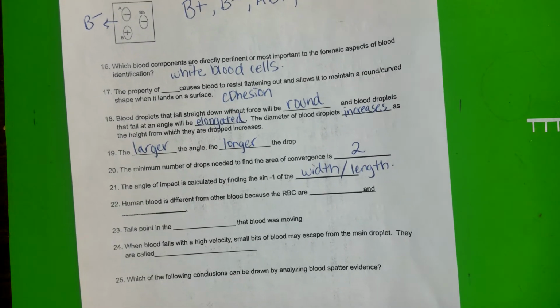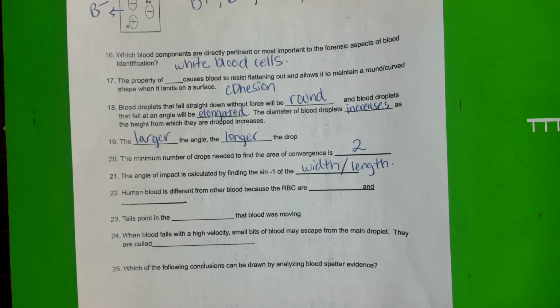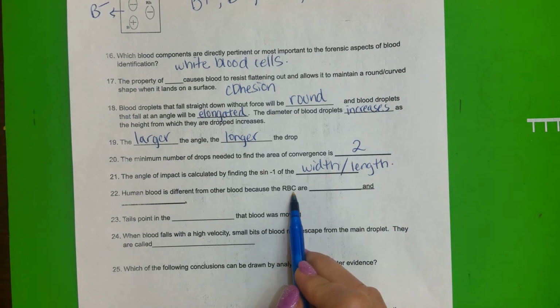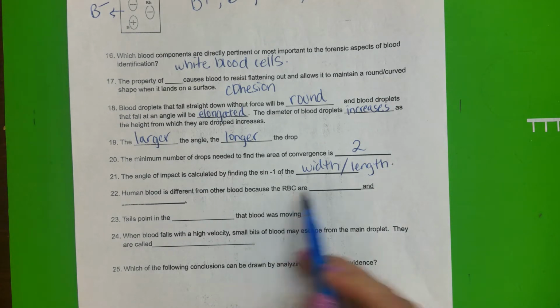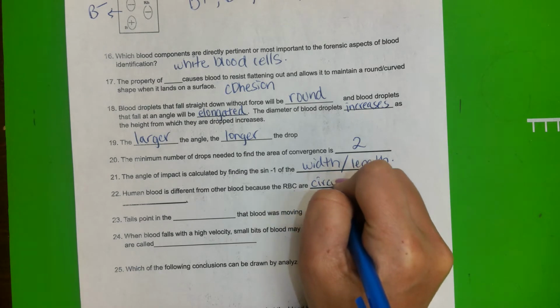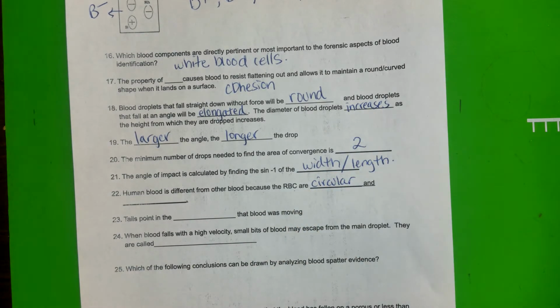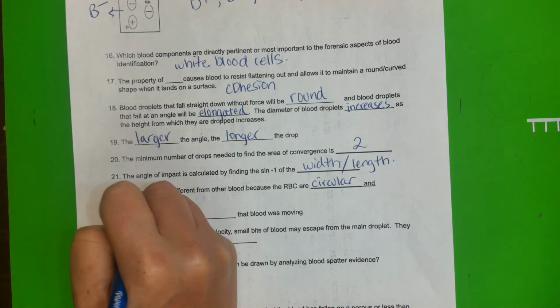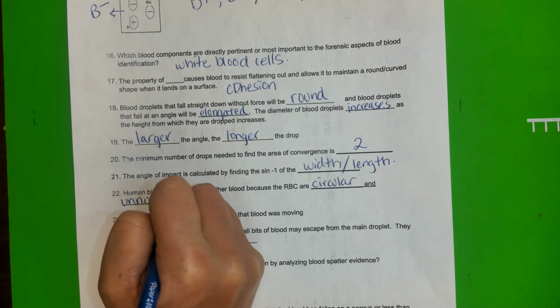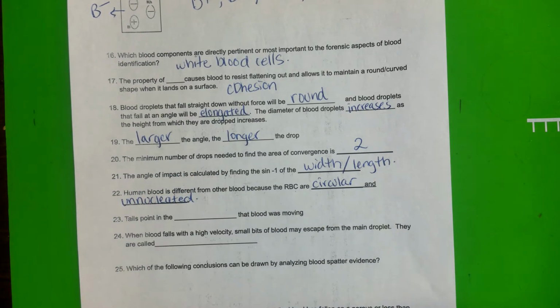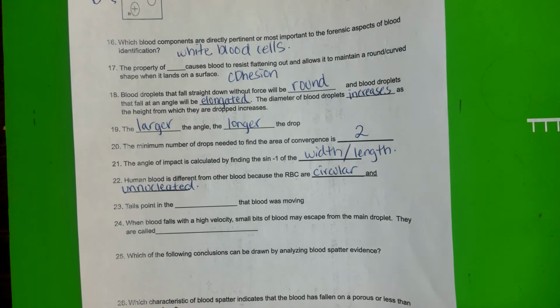Number 22, human blood is different from other blood because the red blood cells are circular and unnucleated. In other words, they don't have a nucleus. Okay.